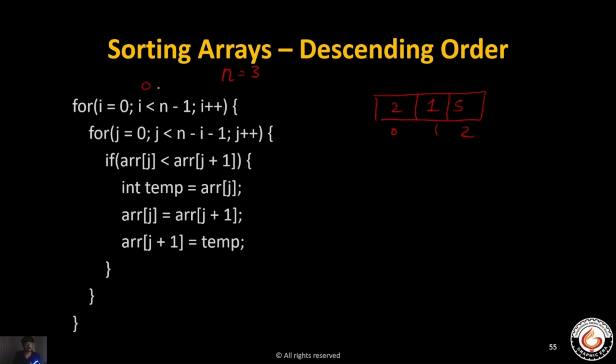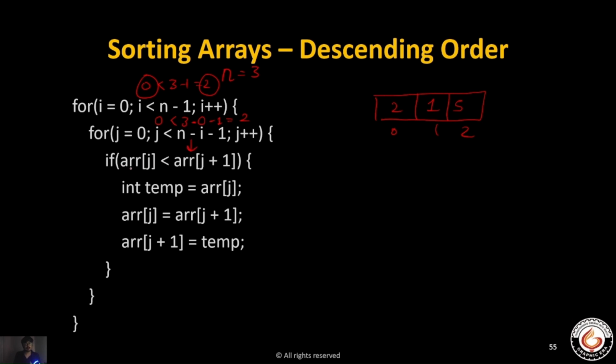Is 0 smaller than 3 minus 1, that is 2? Yes, that's correct, so we will go inside. After that, we will check whether j = 0 is smaller than 3 minus 0 minus 1, which is equal to 2. Yes, that's correct, so we will go inside.